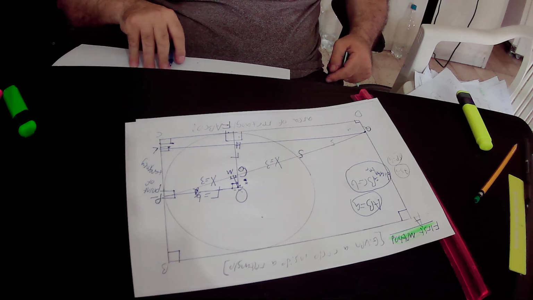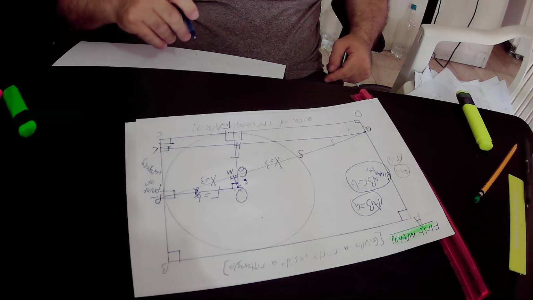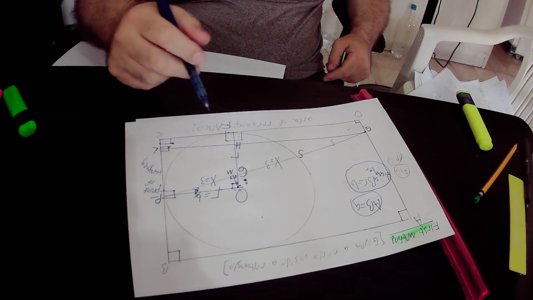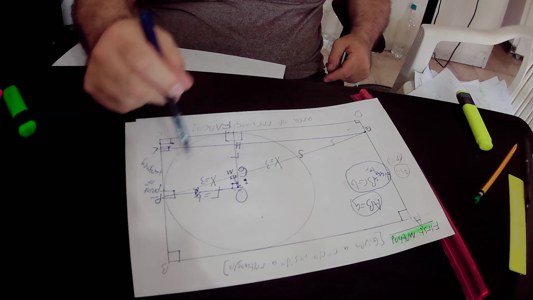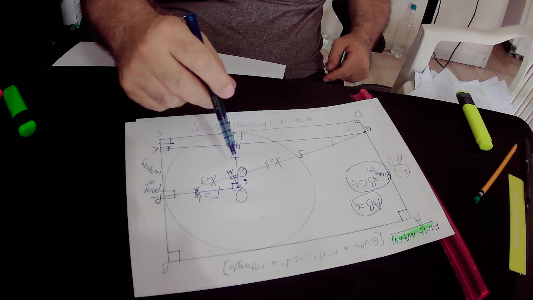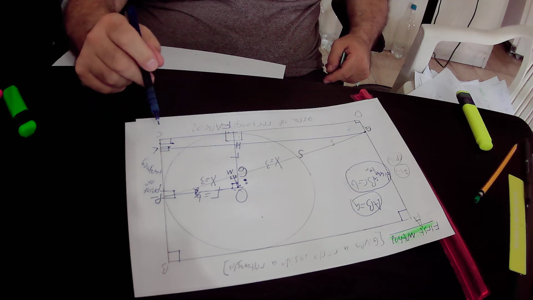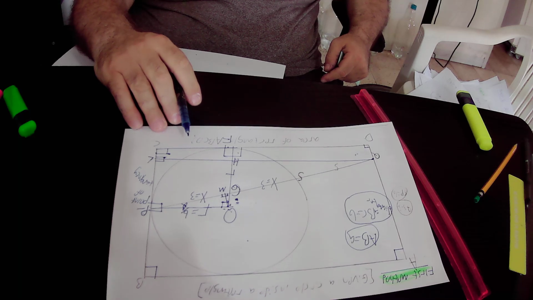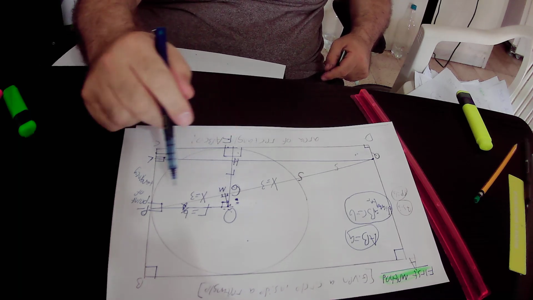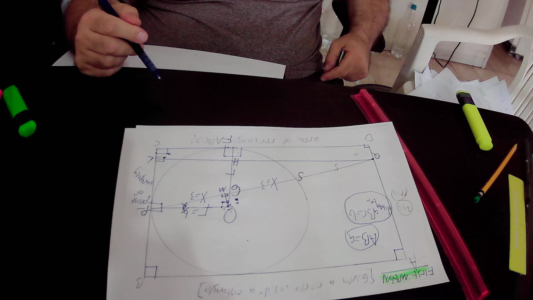So actually, by this construction we created quadrilateral OPHL. Inside quadrilateral OPHL, we have 1, 2, 3 right angles.